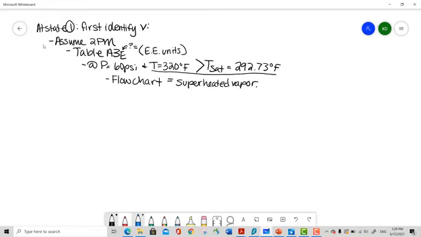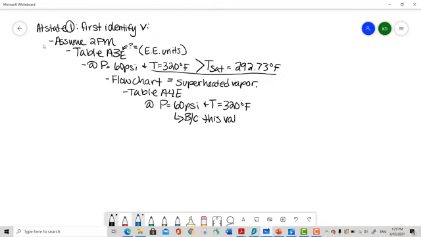Okay, and then where do we go from there? We go to table A4E, because we're still in EE units, and then at P equals 60 psi and a T of 320 degrees Fahrenheit, what we end up finding out is that this value is in between two values. What do we need to do? Because we've been doing this a couple times, we need to interpolate.